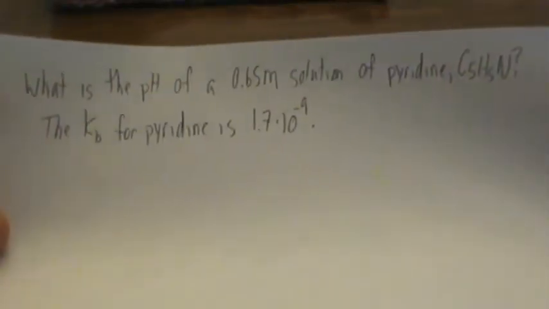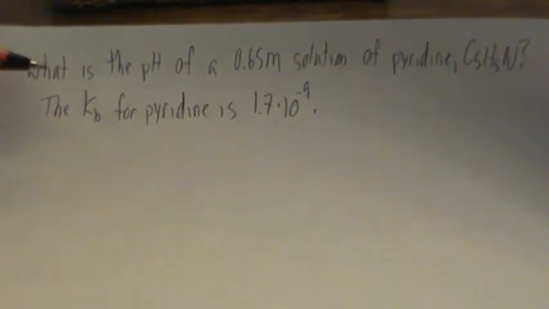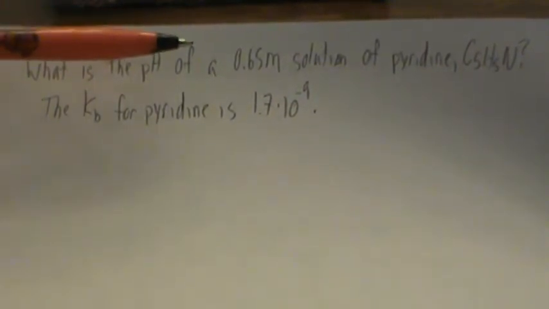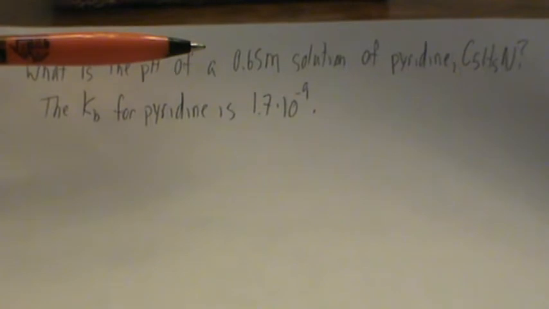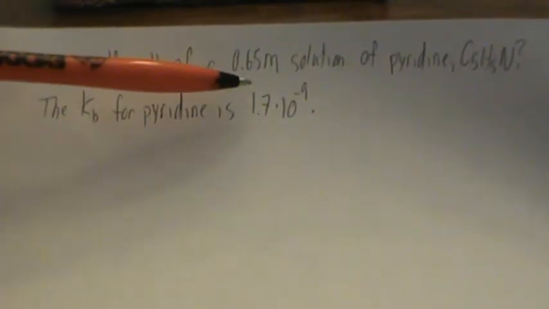All right, so let's look at a weak base. This is kind of like what we did yesterday. What is the pH of a 0.65 molar solution of pyridine, C5H5N, and we're given the Kb for pyridine to be 1.7 times 10 to the negative ninth.